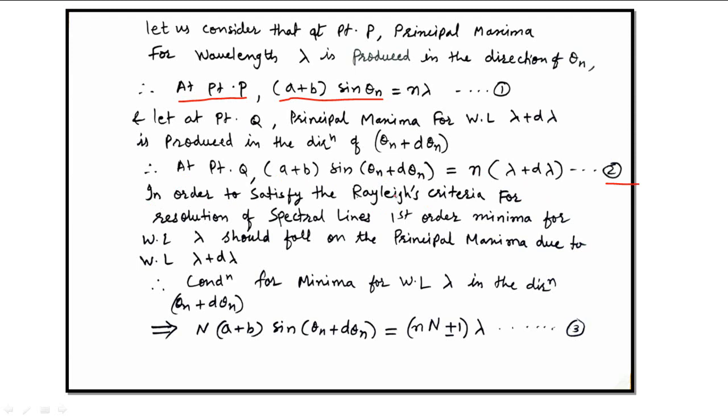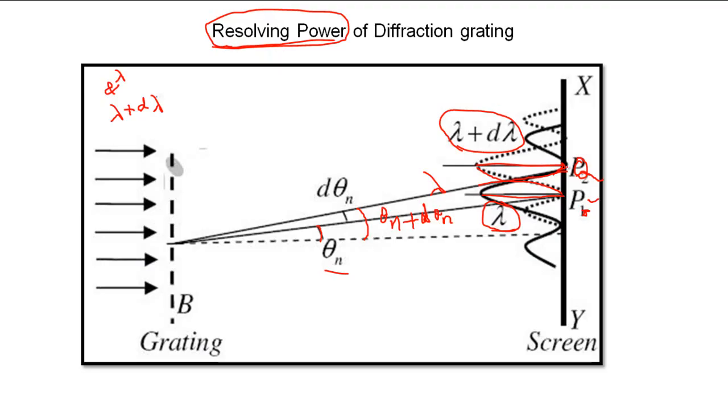Now in order to satisfy Rayleigh's criterion for resolution of spectral lines, which we have already defined, the first order minima for wavelength lambda should fall on the principal maxima due to wavelength lambda plus d lambda. It means that in the same direction, theta n plus d theta n, the first order minima due to wavelength lambda should also satisfy the condition.